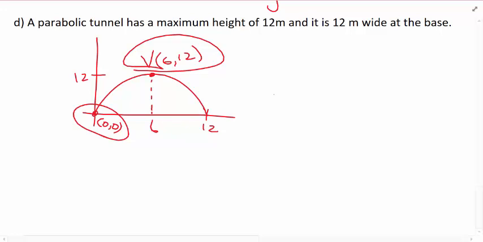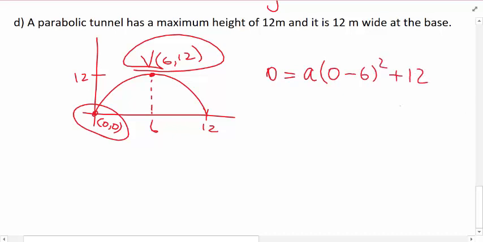So y = 0, you're going to get something like this: 0 = a(0 - 6)² + 12. You just work it out and you'll get your answer. -12 equals 36a. So a equals what? -1/3.